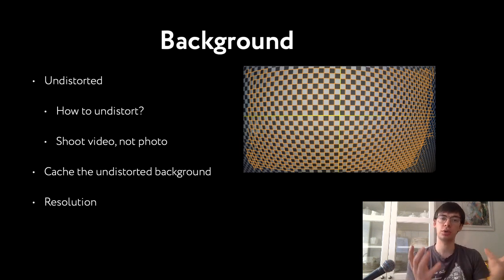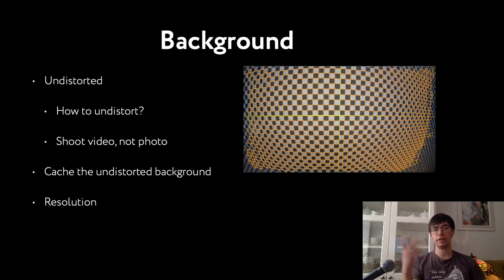So how do you undistort it, and what actually is this distortion and where does it come from? It comes from the lens, because lenses are not ideal. To undistort it, you can shoot a checkerboard and then analyze it in Nuke, and then you can unwrap this distortion and make the straight lines straight again.